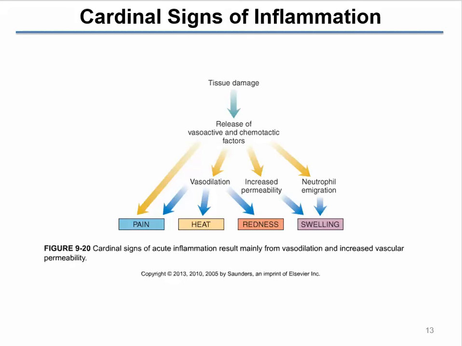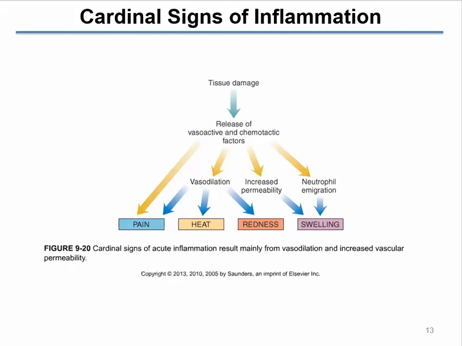And the swelling and the vasodilation compress the pain receptors and cause pain. Now, some of these factors, like prostaglandins, are pain mediators in themselves, so they directly cause pain.